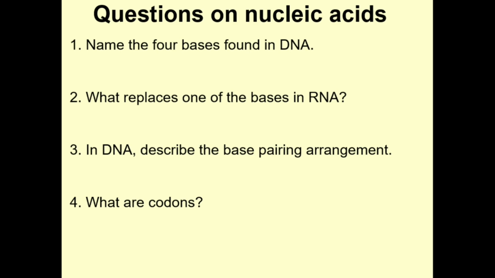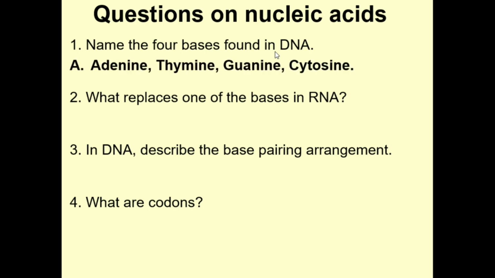Okay then, welcome back. Hopefully you had a chance to answer those and there weren't too many troubles. So let's go through the answers together then. So number 1, name the 4 bases found in DNA. Well, hopefully you had adenine, thymine, guanine, and cytosine. So A, T, G, and C. Number 2, what replaces one of the bases in RNA?